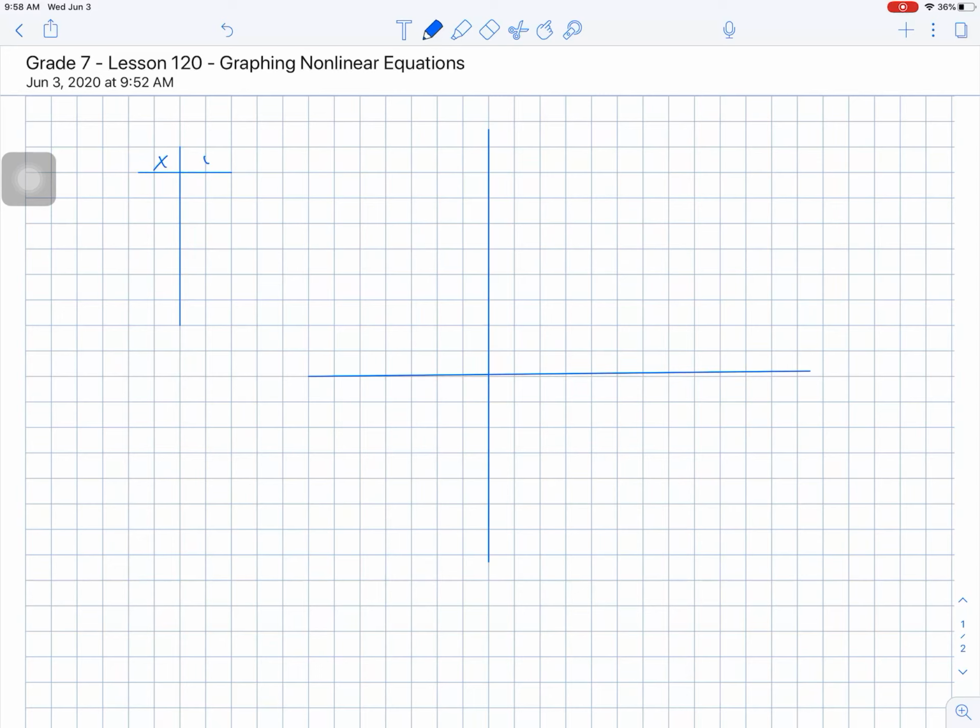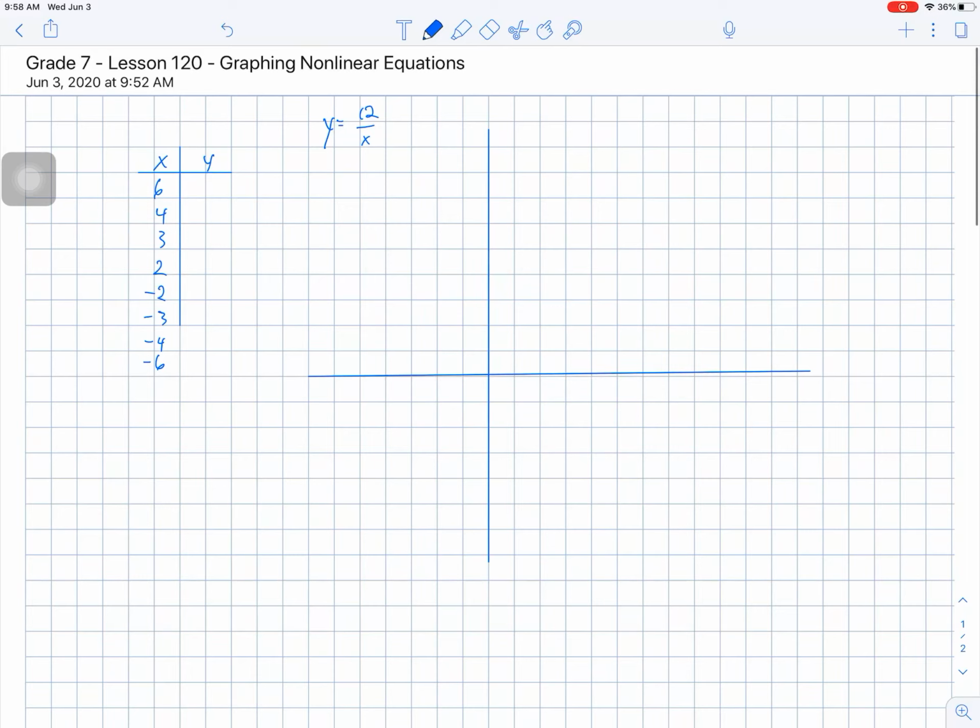We want 6, 4, 3, 2, and then negative 2, negative 3, negative 4, negative 6. And the equation that they give us is y equals 12 over x.